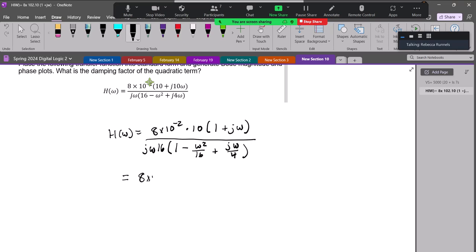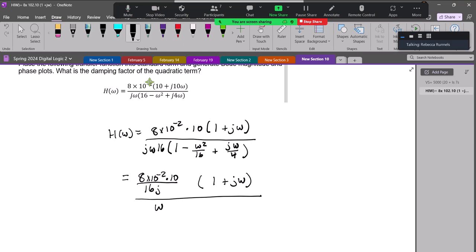So 8 times 10 to the negative 2 times 10 over 16j. That is our constant term, which I'll get to in a second. And then 1 plus j omega, that's a simple zero. And then I have omega, and that is a pole through the origin.